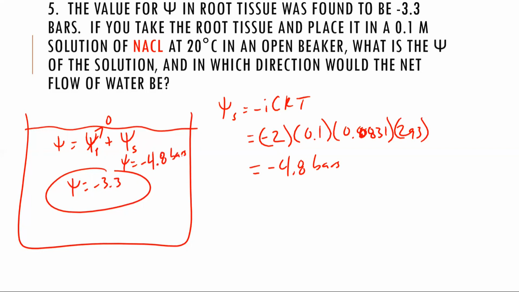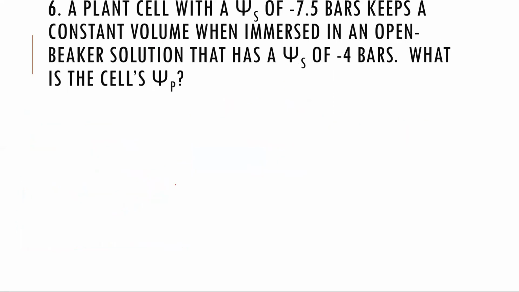This time that changes it so that there's a much lower solute potential or water potential outside. And so the water is going to flow out, right? By changing the solute from sucrose to sodium chloride, that makes the water move in a different direction, which is helpful to know.